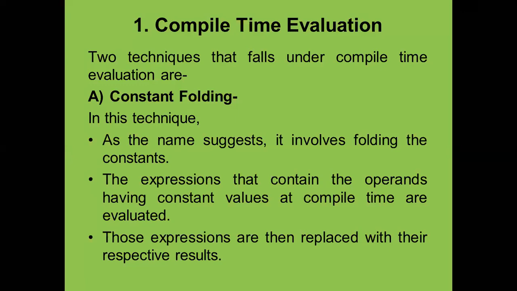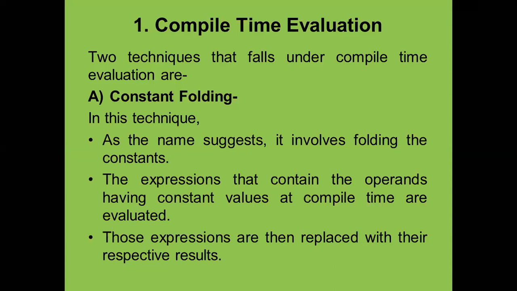Then this is called constant folding. It means you are going to finish the constants, you are going to fold the constants, reducing the expression of the different constants involved in an expression.